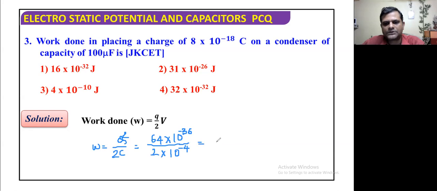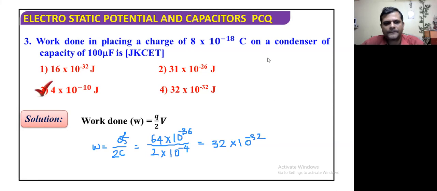So if we just work it out, then we can get this 32 into 10⁻³². Yes, which is there in option?